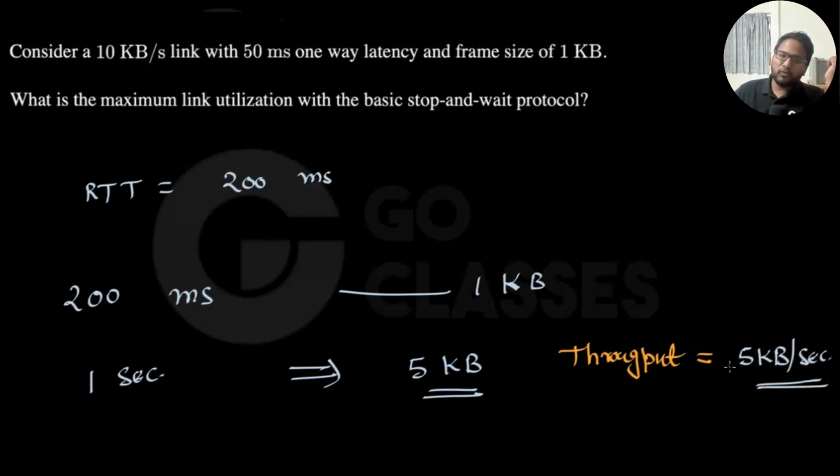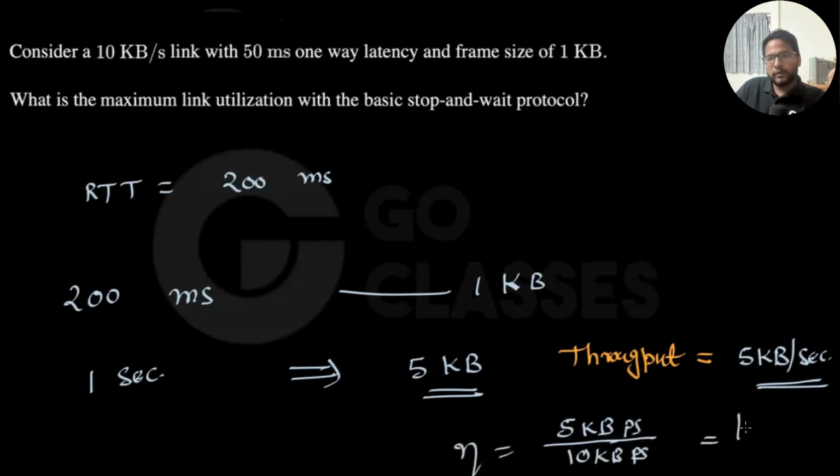Now, to find the efficiency, they are saying: what we are actually doing in 1 second and what we could have done. So 5 KB, what we are doing, upon bandwidth. That's how they are finding the efficiency, which also comes out to 1/2. There could be multiple interpretations, but the fundamental idea is the same: in throughput, we just say what we are doing in 1 second.